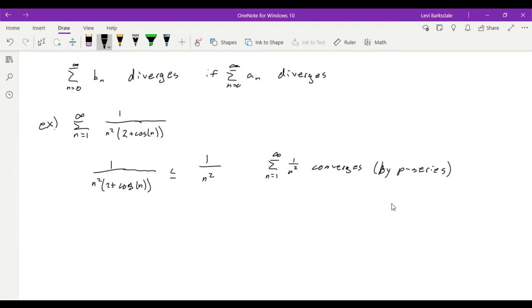Well, because 1 over n squared is bigger, and it converges to a real number, the smaller series can't be infinite because then it would be larger. So then we can say by the direct comparison test, our sum from n is equal to 1 to infinity of 1 over n squared times 2 plus cosine of n must also converge.